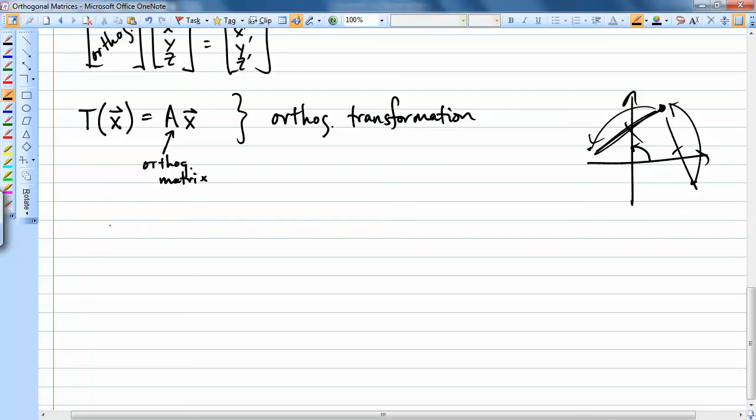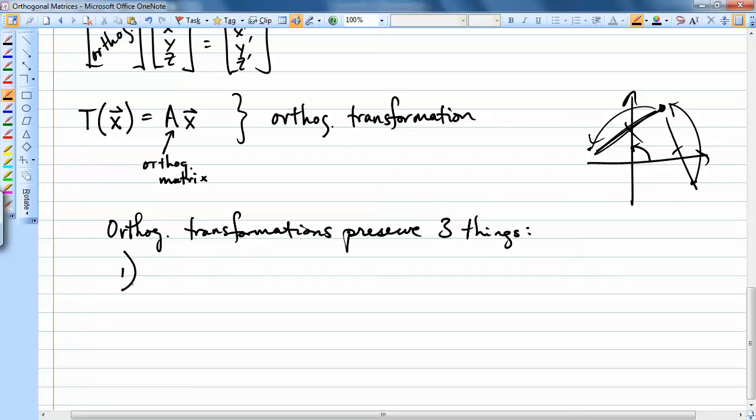Orthogonal matrices, or actually let's say transformations, preserve three things.